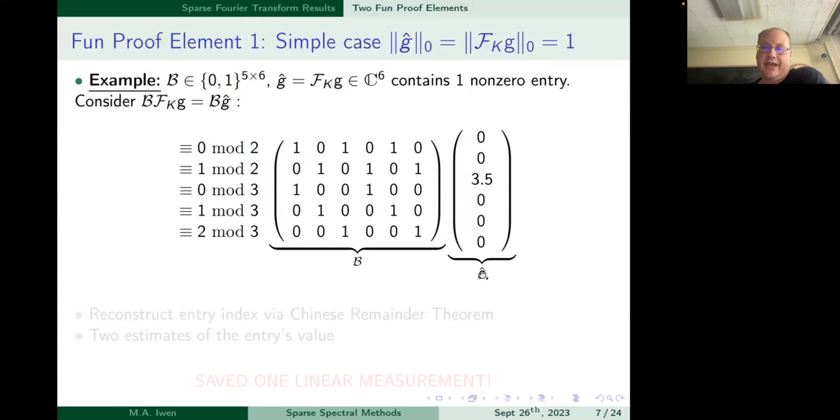I'm going to call it G hat, like the discrete Fourier transform coefficients of a vector G. And here's my compressive sensing matrix B. I'm going to form it using 2 prime numbers, 2 and 3.